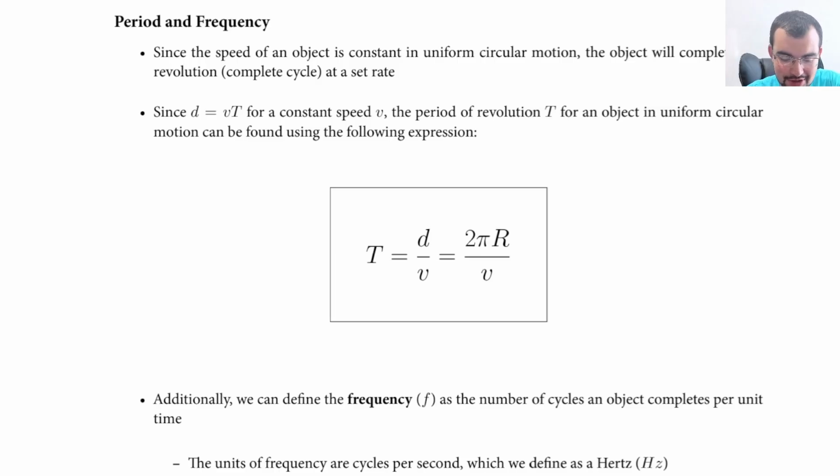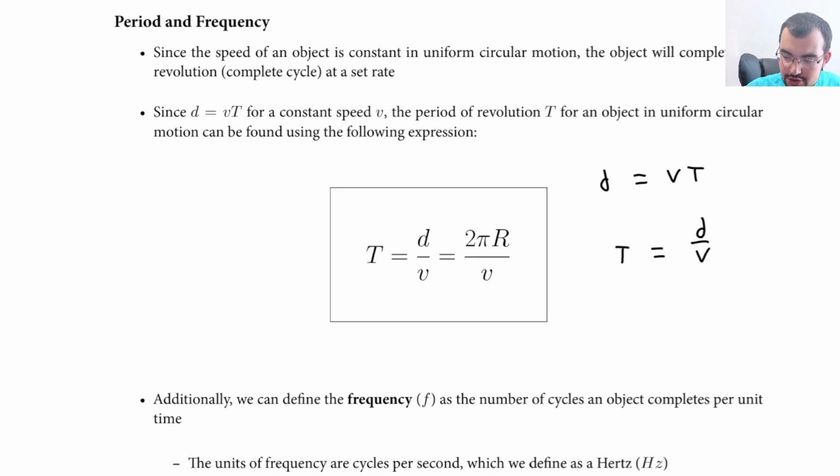This is a derived equation on the sheet, but realize that since our speed is constant, we can just write distance equals speed times time, and then we can just solve it for time. Because you are going the same distance every second, even if it is on a curved path. So we can just use constant speed kinematics here.